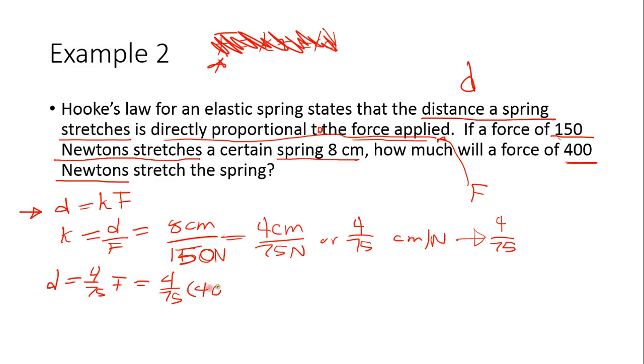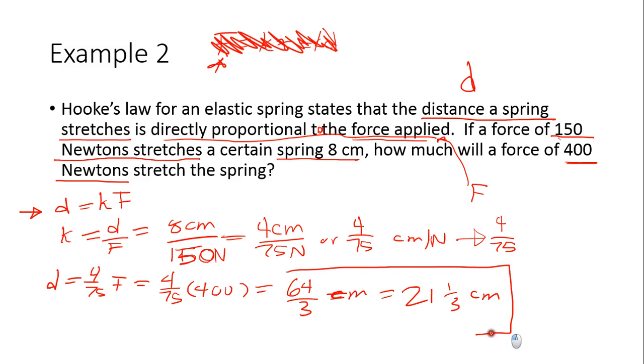So 400, which is actually going to end up giving you 64 over 3 centimeters, or 21 1/3 centimeters. Both of those are acceptable. The second one is probably going to be more useful, and even more useful will be a decimal.